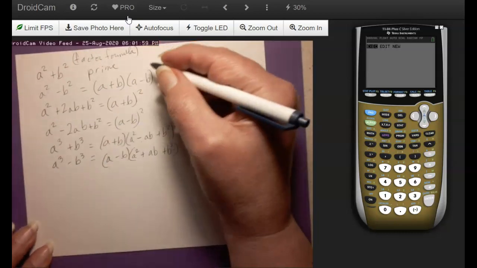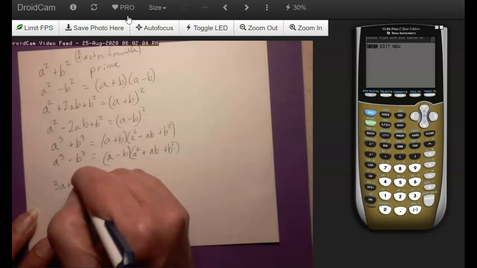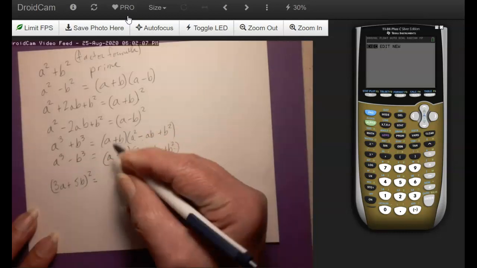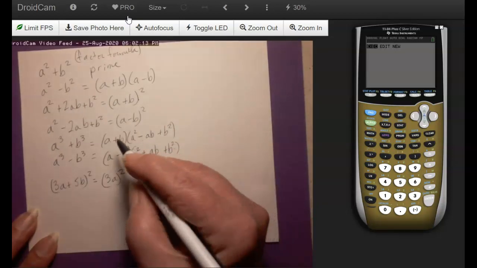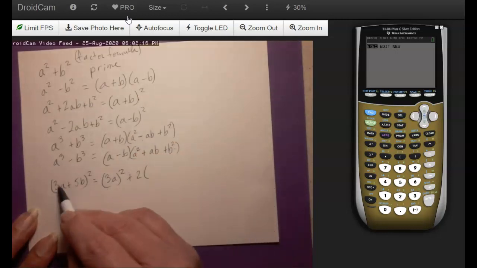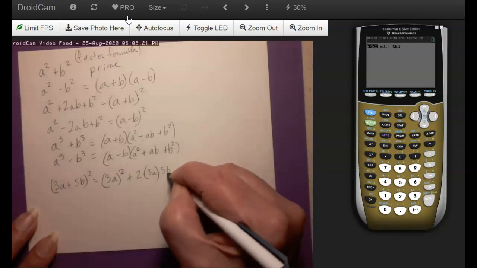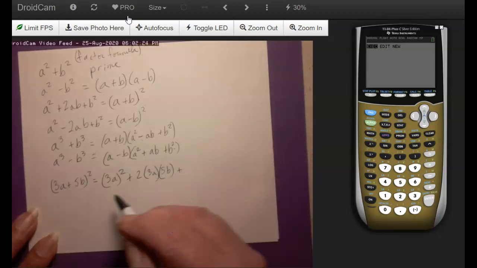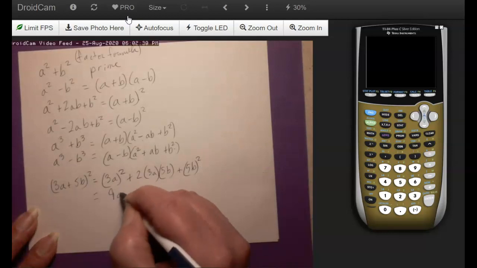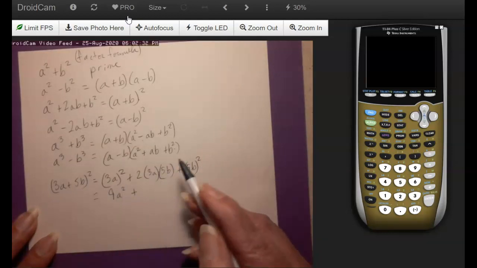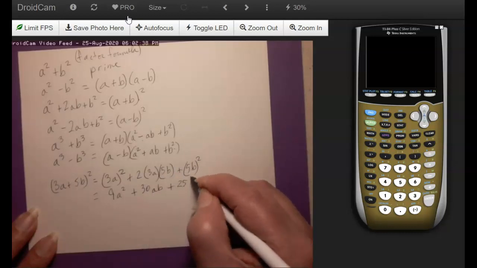So using this formula that we have problems on right now, if I have 3a plus 5b squared, this actually means 3a squared, using the formula, a squared plus 2 times, this is my a and my b, so this is 3a times 5b plus the last one squared, 5b squared, and it says to simplify, so I have 9a squared plus 2 times 3 is 6 times 5 is 30ab plus 5 squared is 25b squared.